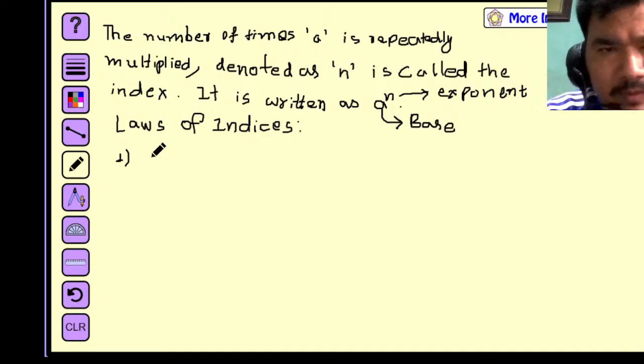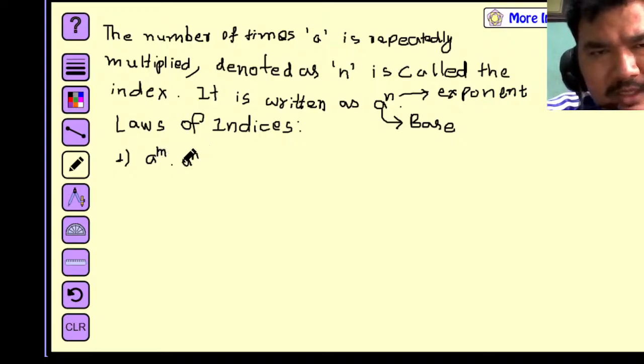Look here, children. If you are multiplying a to the power m, and this dot means multiply, and this a to the power n, look, bases are same, and if you are going to multiply them, at that time we will write only one base, and we add their power.